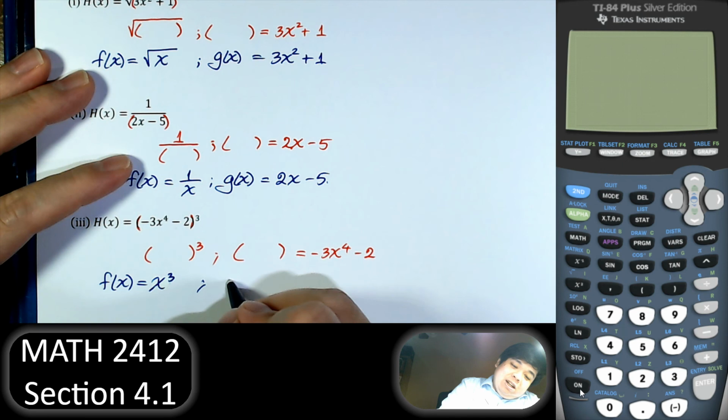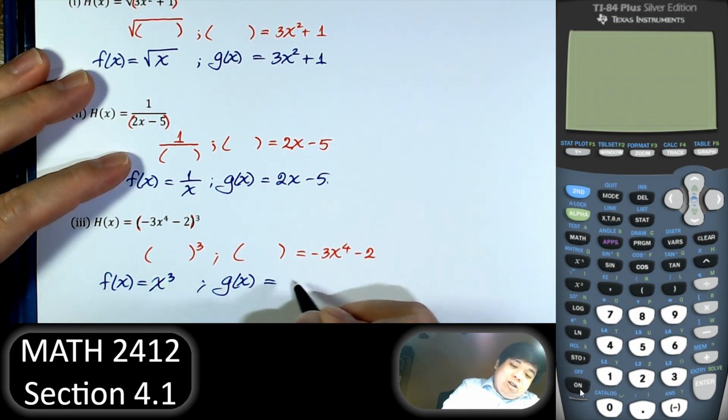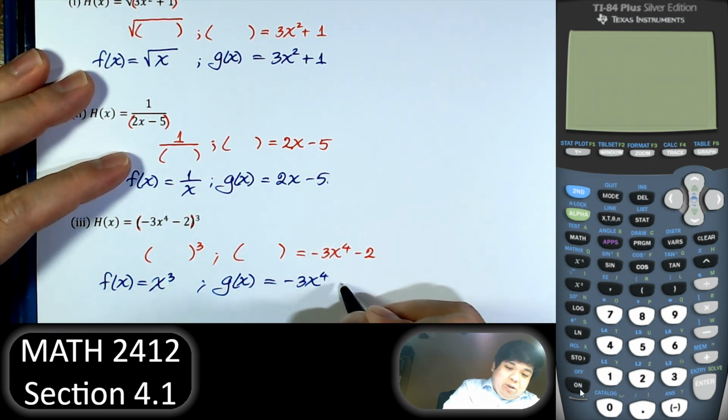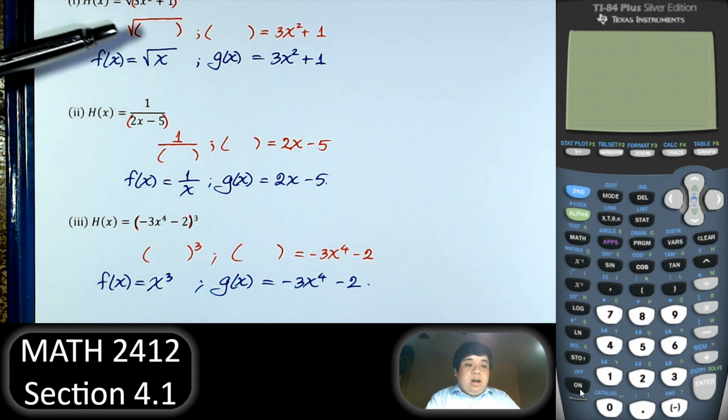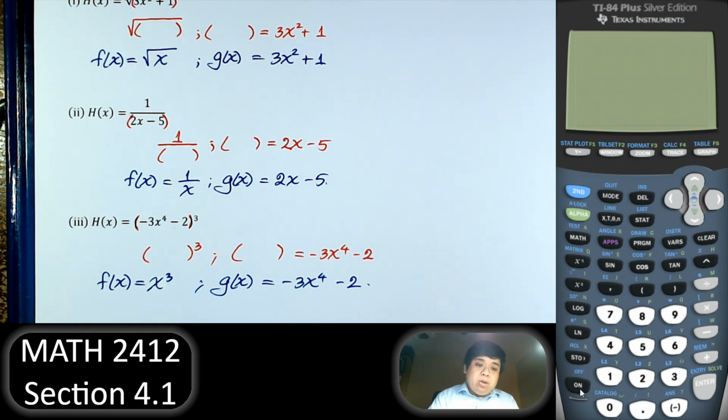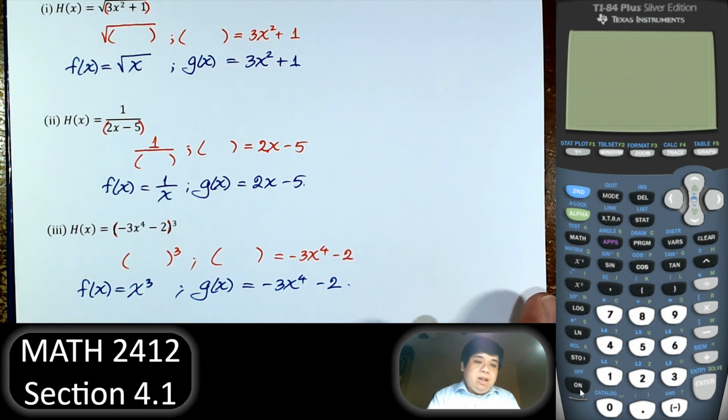And then the second function, the inner function, is negative 3x to the fourth minus 2. So it looks simple, but when we get to calculus, if you can see how the functions are composed, that will help you to do some other things later.